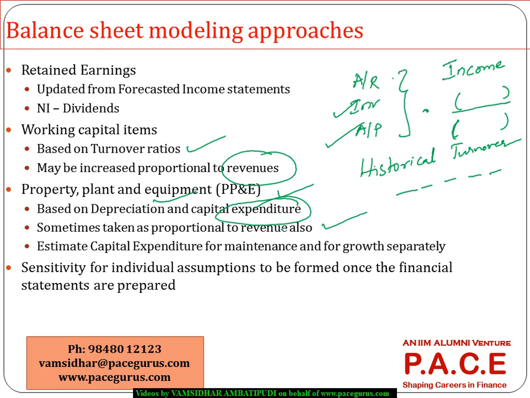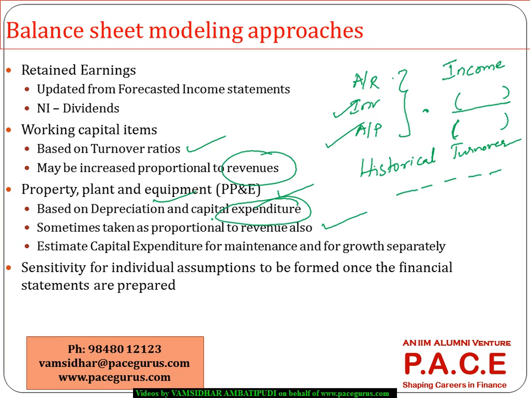But in some cases, the company might have invested very heavily in some big assets this year, which are expected to give some kind of benefits over the next few years, not just the immediate 1 or 2 years. So in some cases there could be a very heavy capital expenditure.